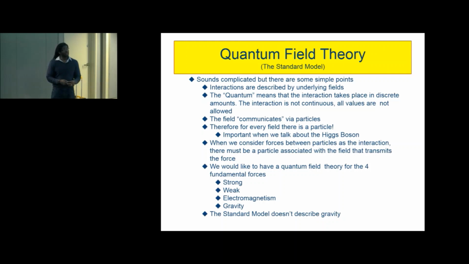So what we'd like is a quantum field theory for the four fundamental forces we're aware of: the strong force, the weak force, electromagnetism, and gravity. The issue is that the standard model describes everything but gravity. So we have a standard model, which is a quantum field theory for these three forces and not gravity.